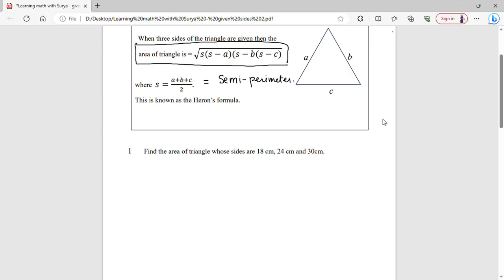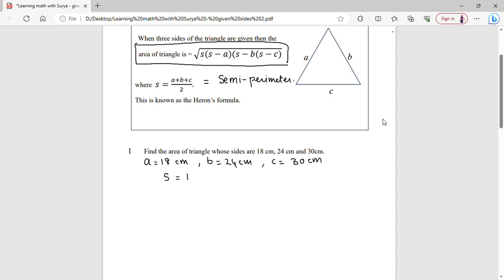Find the area of a triangle whose sides are 18, 24 and 30. So if I identify A is equal to 18 cm, B is equal to 24 cm, C is equal to 30 cm. Now, what is my S?